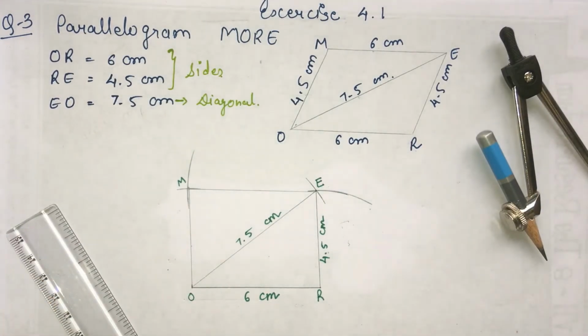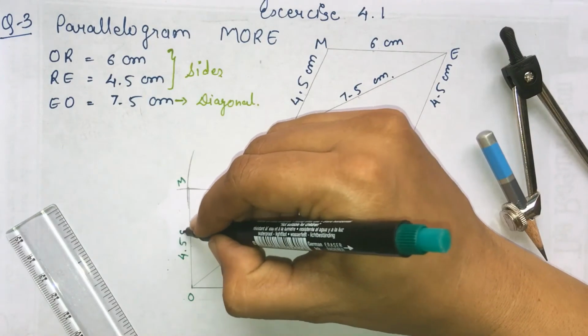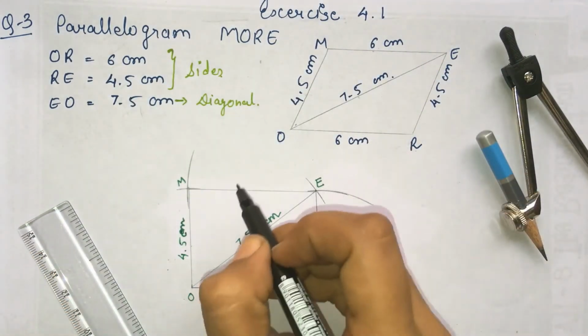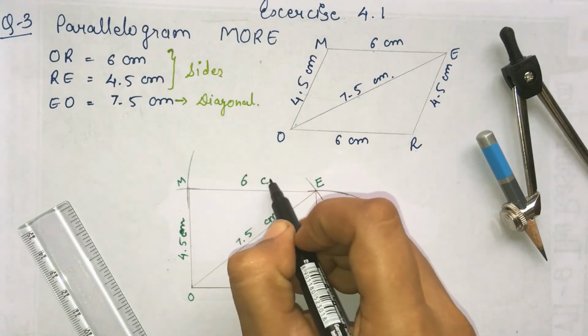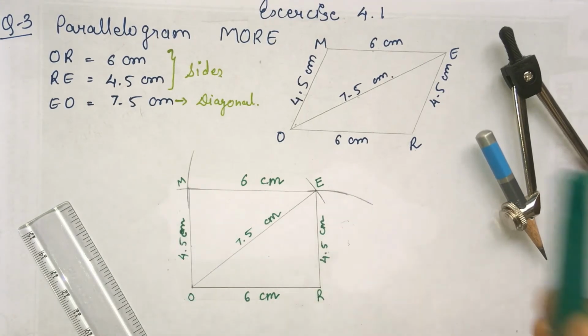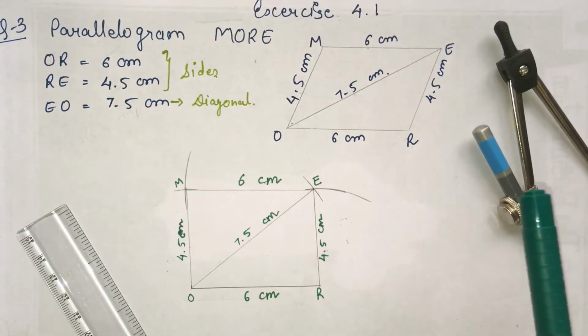So we'll write measurements also over here. This is also 4.5 centimeter and this ME also 6 centimeter. So this MORE, more parallelogram. This is the fair diagram, construction of more parallelogram.